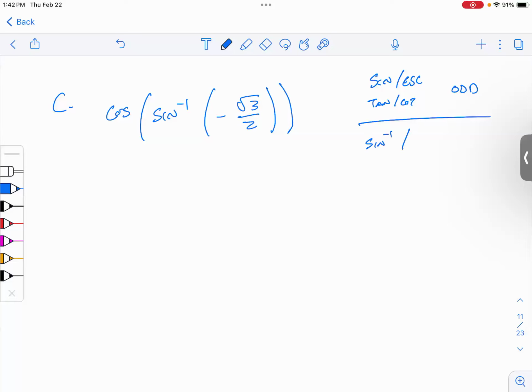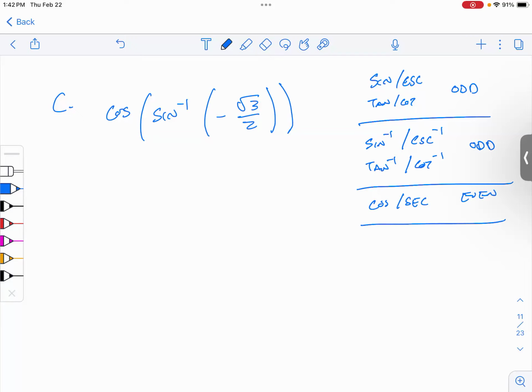Sine inverse, cosecant inverse, tan inverse, cotan inverse are all odd. That's really good news for us. Cosine and secant are even. The most annoying case, cosine inverse and secant inverse, are neither. So we have to deal with whatever sign is there.